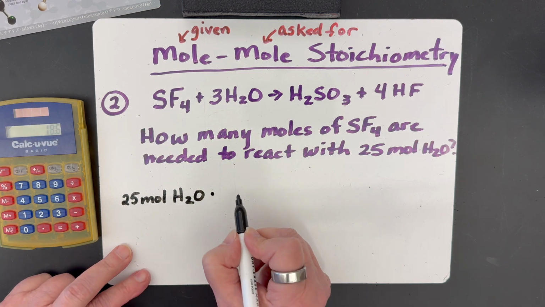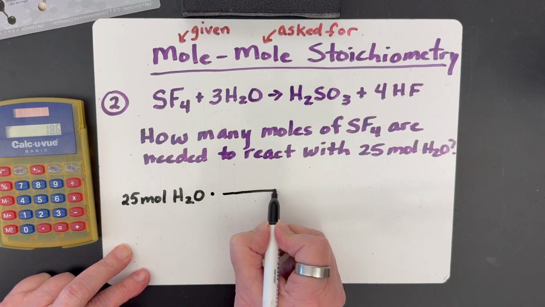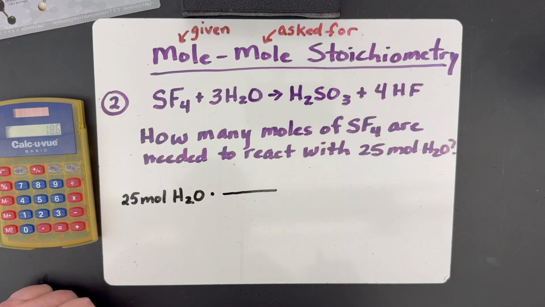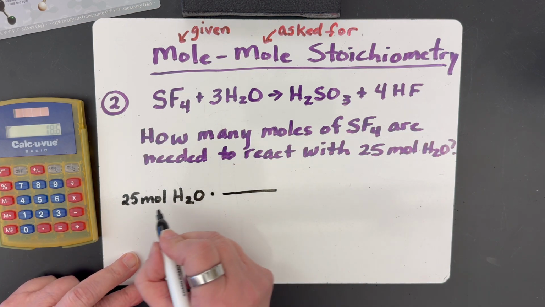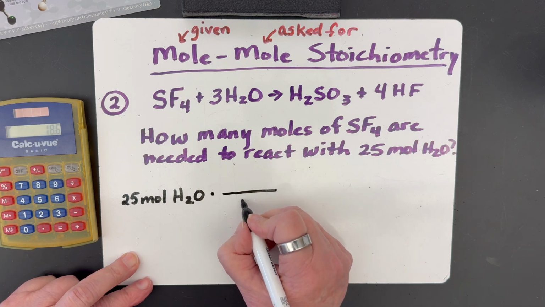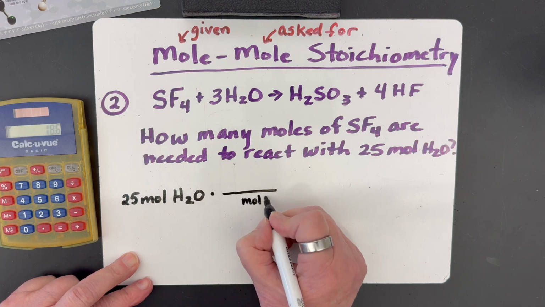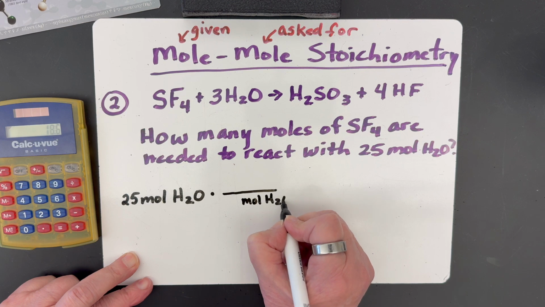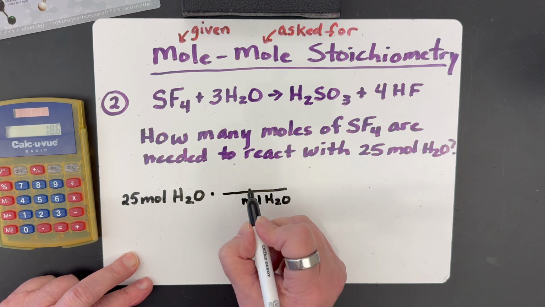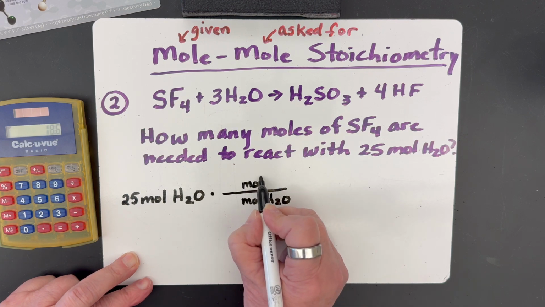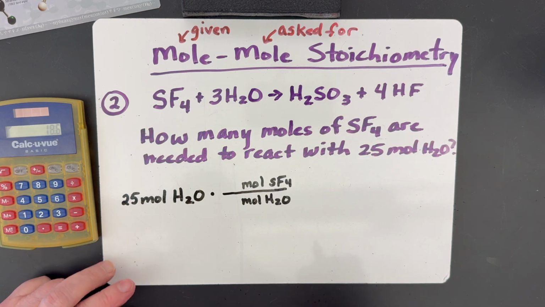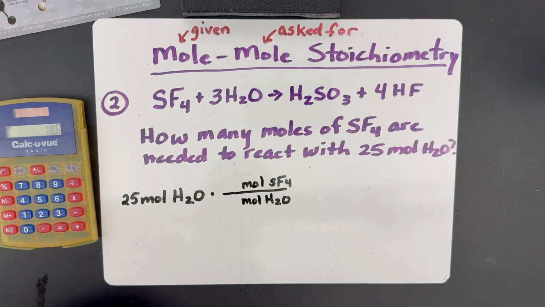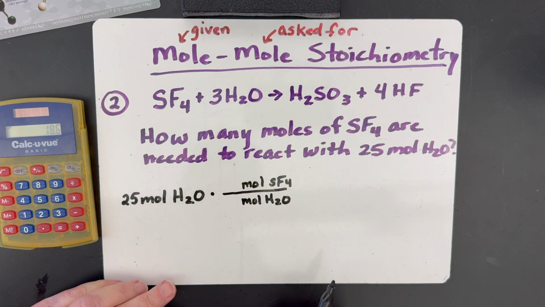Now we need a conversion factor to get it from water to SF4 that we're asked for. Since water was given, it's on the top here, so we need to have moles of water on the bottom so that our units will cancel. And on top will be moles of what we're trying to find, in this case SF4. We go to our equation to find our numbers that go in front of mole.